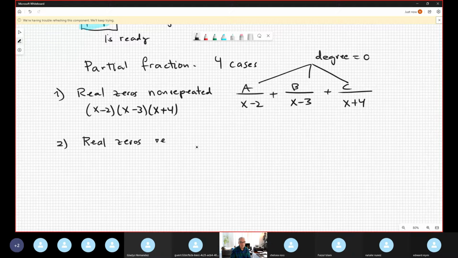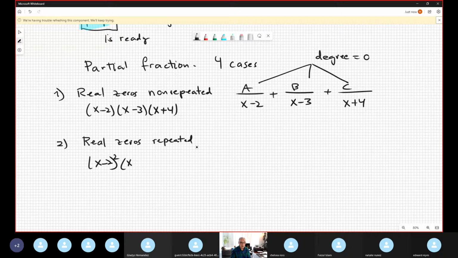Now, another case is when you have real zeros, but repeated. What does repeated mean? Repeated means multiplicity 2, multiplicity 3. Suppose we have x minus 2 squared, which is repeated, multiplicity 2.